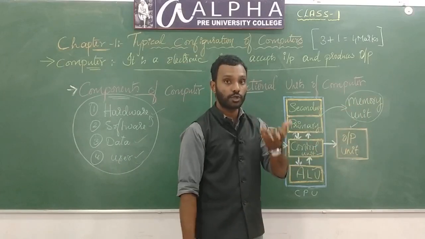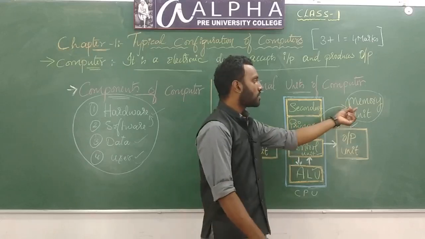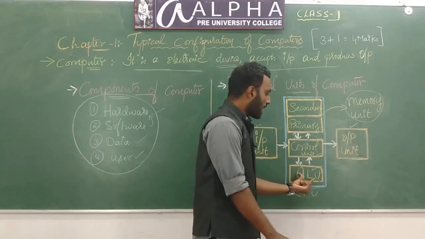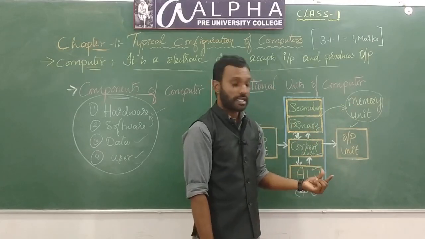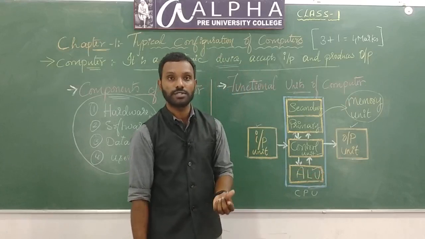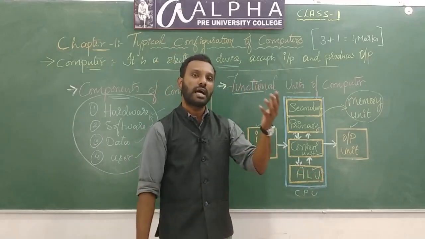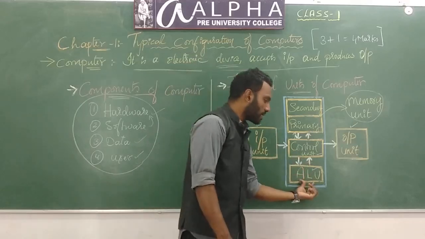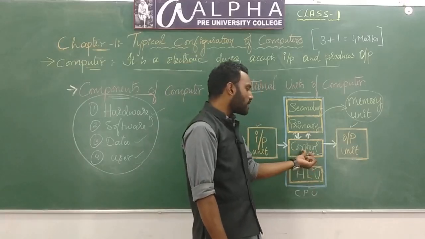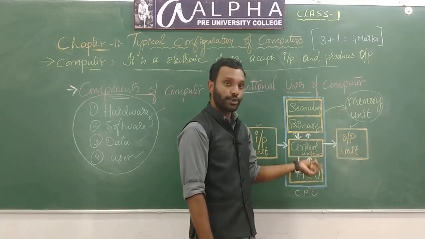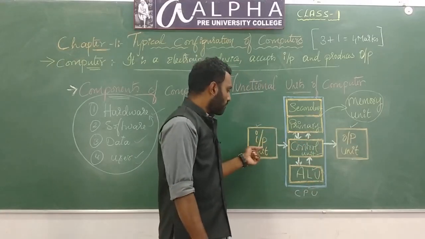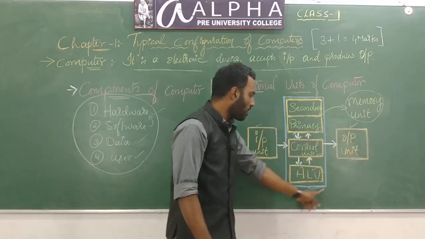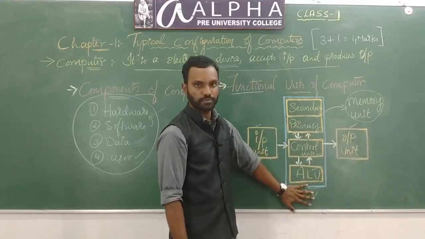If you have to store something inside the computer, the memory unit helps in storing that data or information. ALU, the arithmetic and logical unit, helps in calculations, meaning arithmetic operations or comparisons. Any sort of calculation is carried out using the ALU. Then what is the use of the control unit? The control unit controls the flow of data from input unit till output unit, moving through all the units inside the CPU.